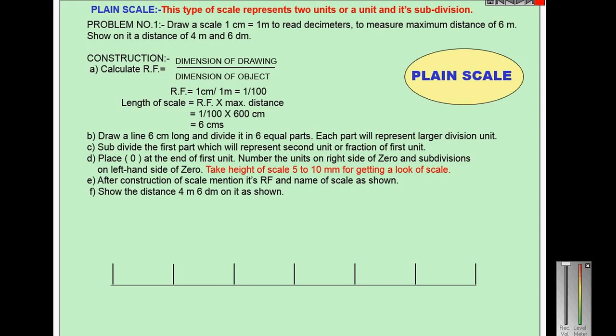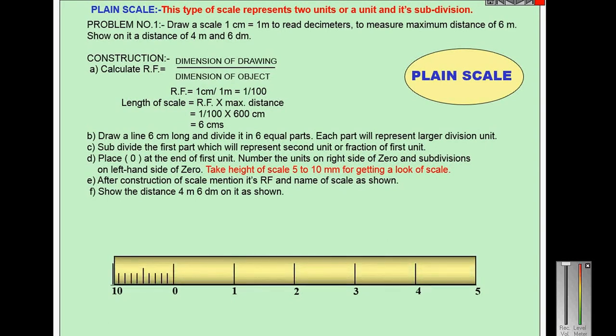And next subdivide the first part, each part represented as 1 meter, into 10, which will represent the second unit or a fraction of first unit, and place 0 at the end of the first unit. Number the units on the right side of 0 and subdivisions on the left hand of 0.